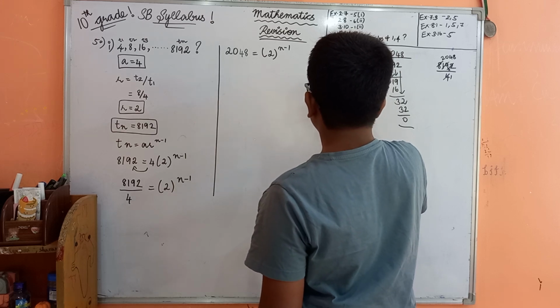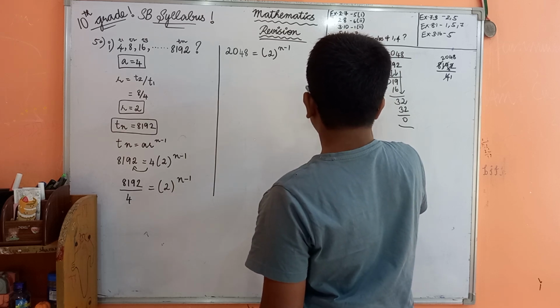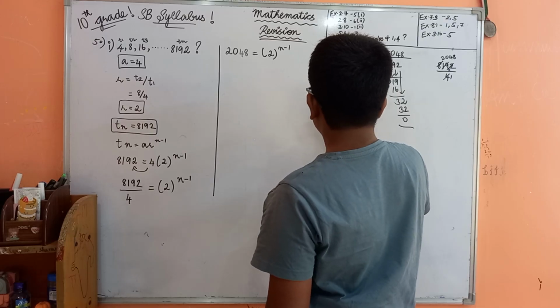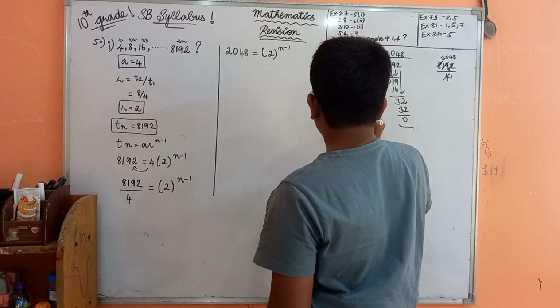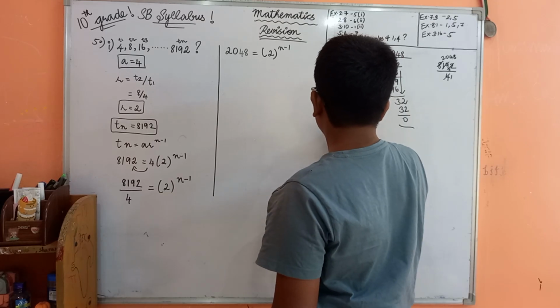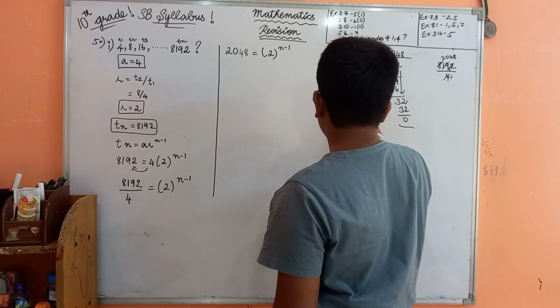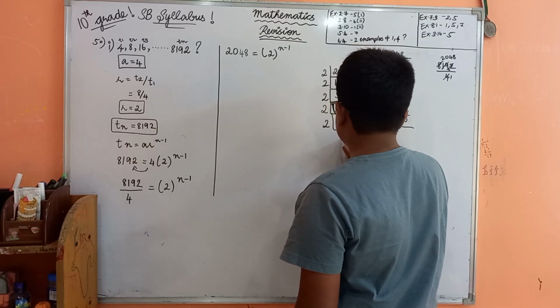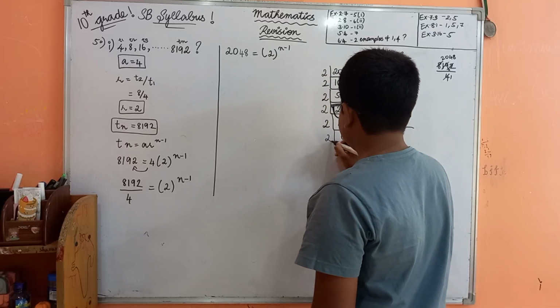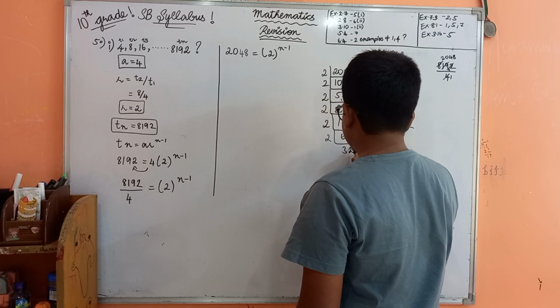Again by 2. 5, 1, 2. Again by 2. 2, 5, 6. 1, 2, 8. 6, 4. 3, 2. It is easy, this one.